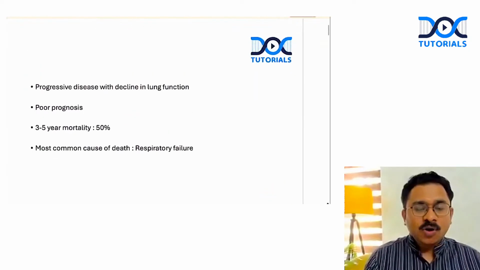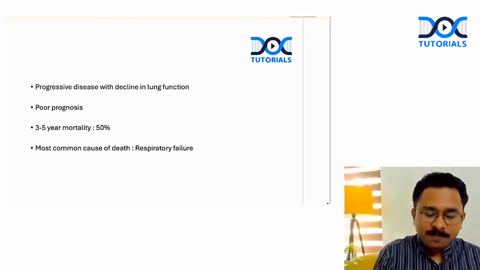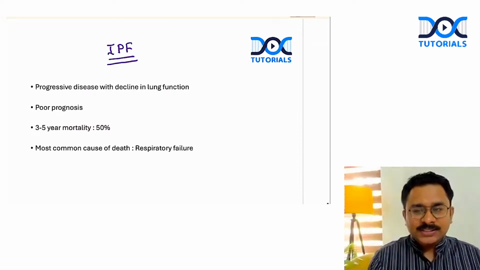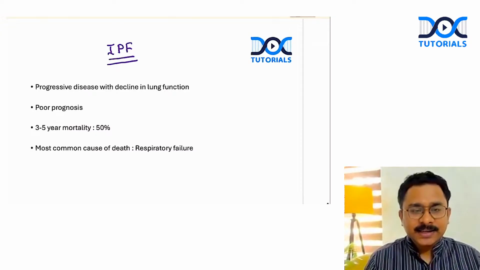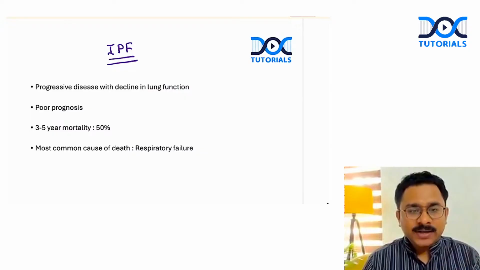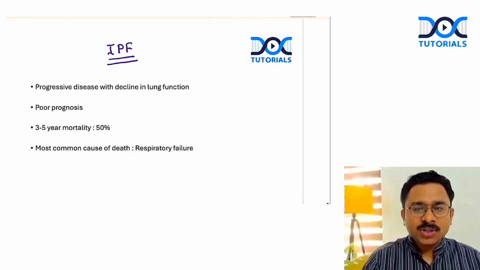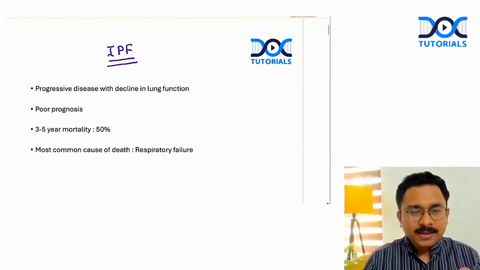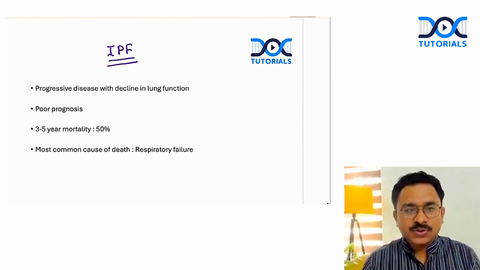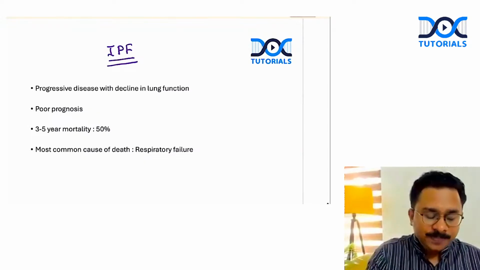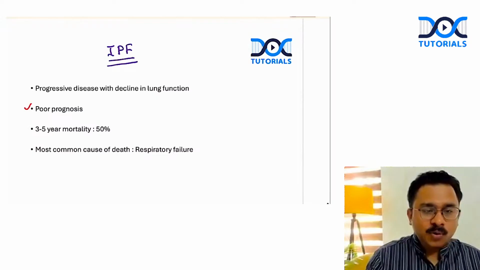When you talk about this condition, idiopathic pulmonary fibrosis, abbreviated as IPF, this is one interstitial lung disease that is characterized by a progressive disease with a decline in the lung function. What about the prognosis? When you compare idiopathic pulmonary fibrosis with a disease like non-specific interstitial pneumonia, this has got a poor prognosis.